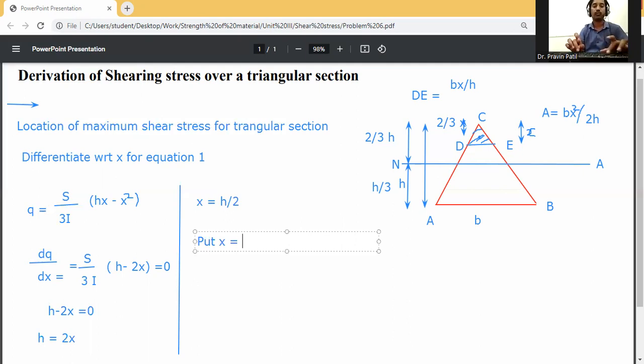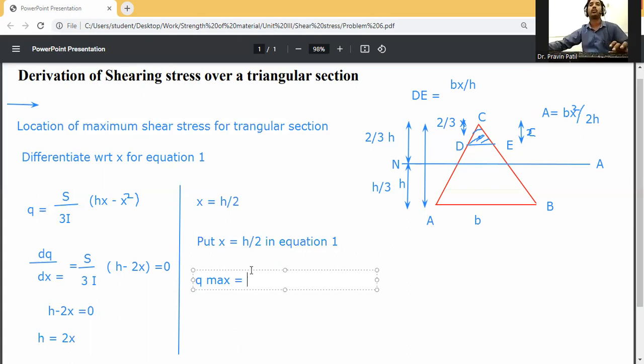So we will get the maximum shear stress. So q is equal to q max, with x equal to h by 2, in equation 1.